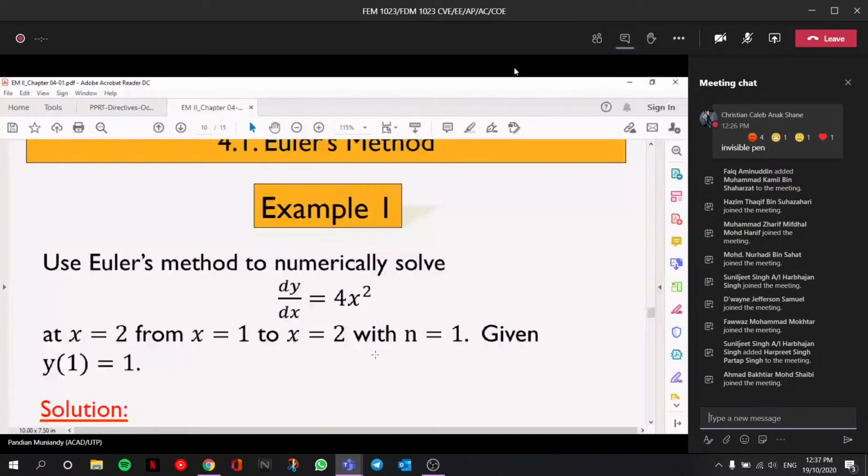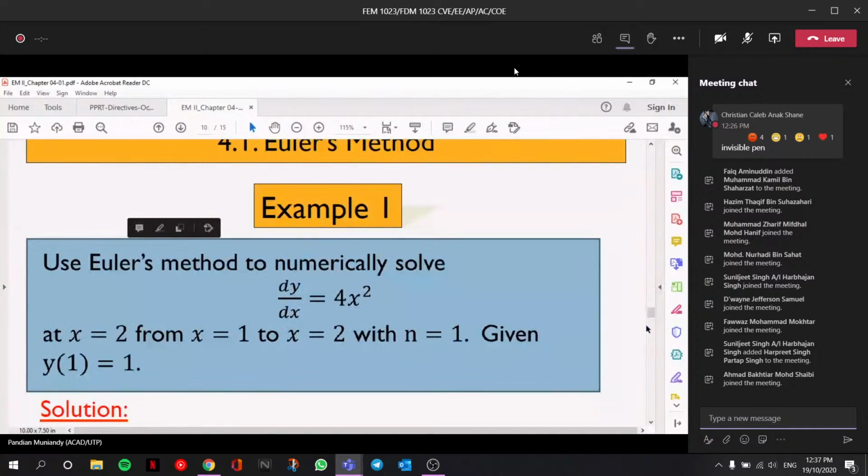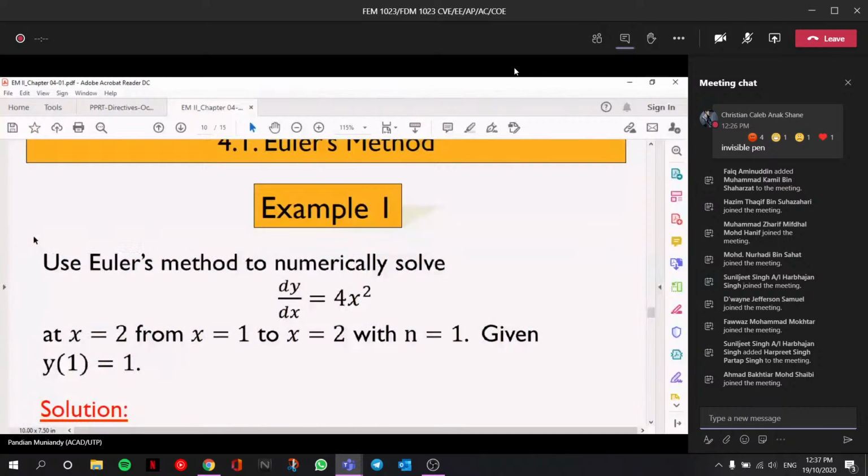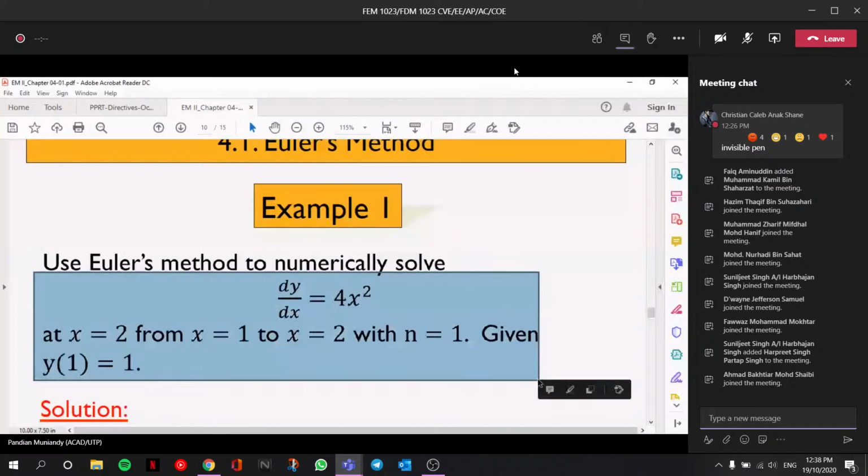So b is 2, a is 1, n is 1. This is given, class. In this problem, we are given this information. Given also this one. The only thing is you want to solve this equation at x equals 2.